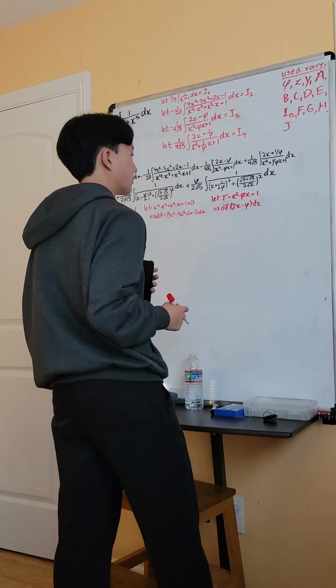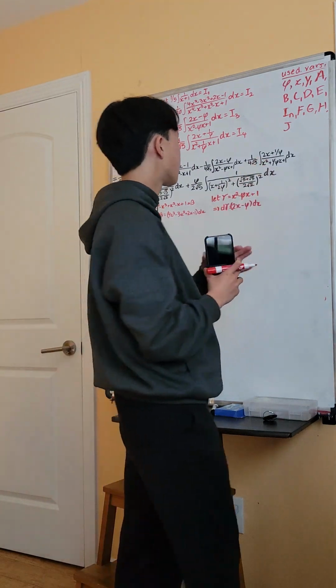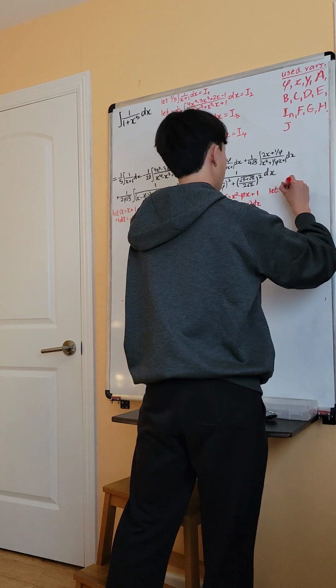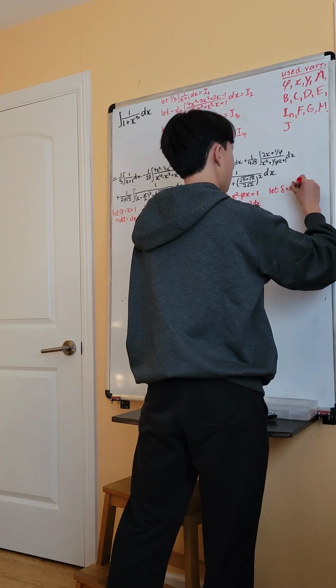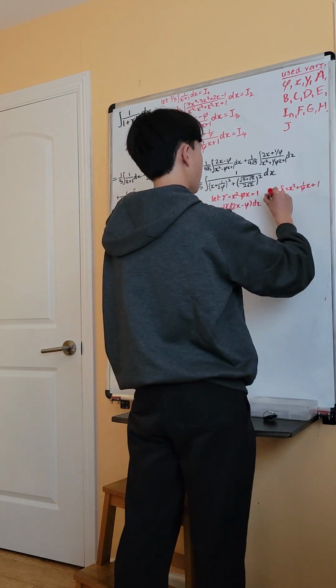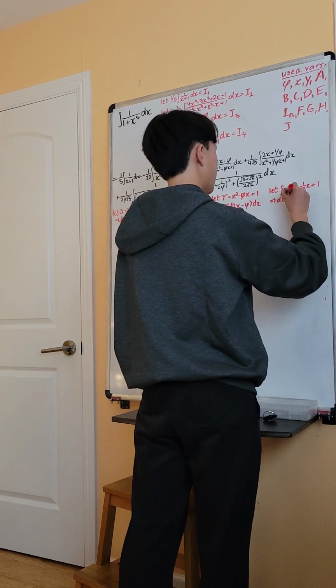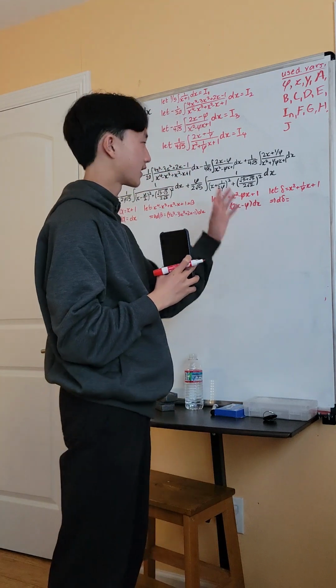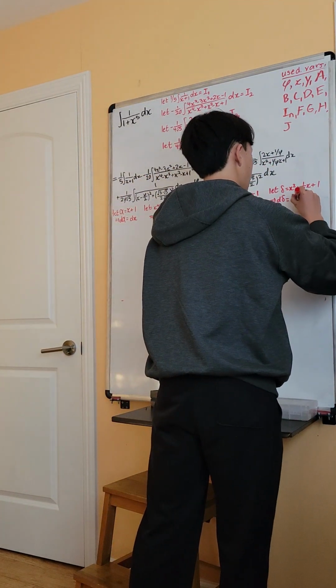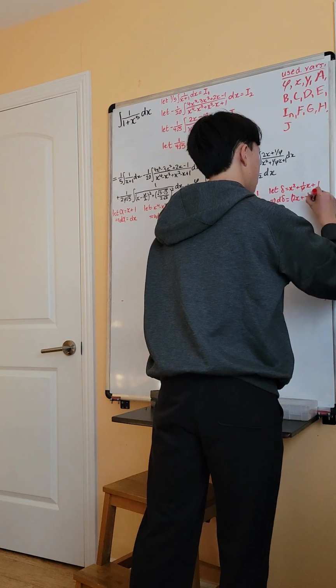Notice that that is the top. All right, here we want to let delta equal x squared plus 1 over 5x plus 1. Then d delta would be equal to the numerator, 2x plus 1 over 5 times dx.